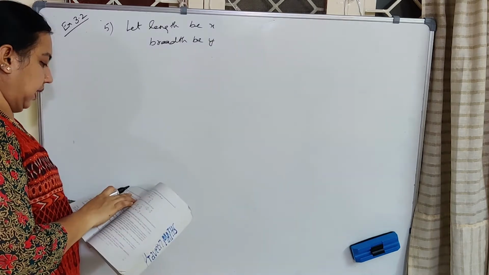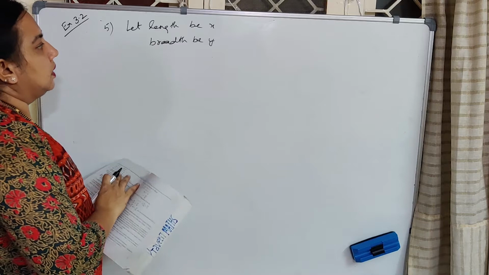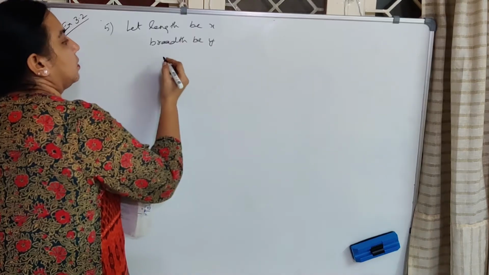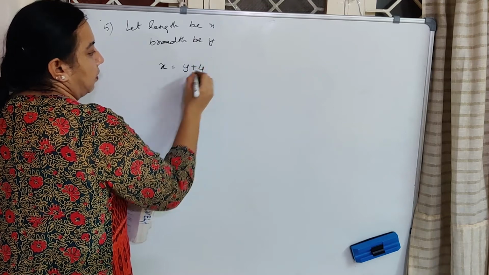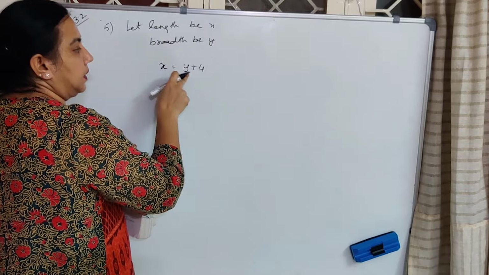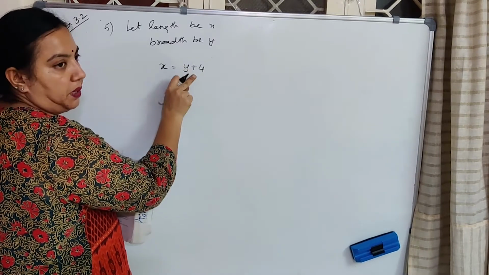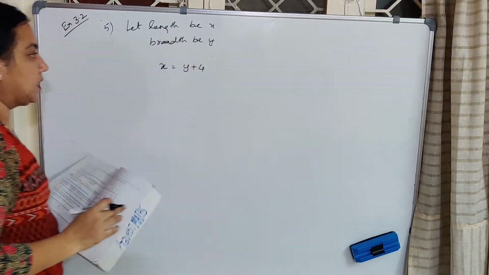And we know the length is 4 meters more than the breadth, so I'll write it as x is equal to y plus 4. When I add that 4 to the breadth, it becomes equal to the length. So this becomes one equation.